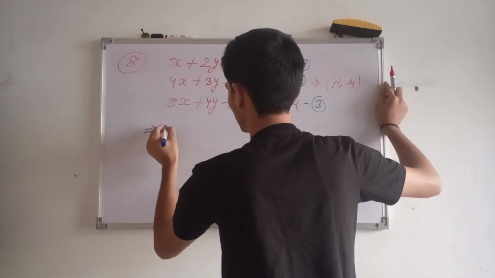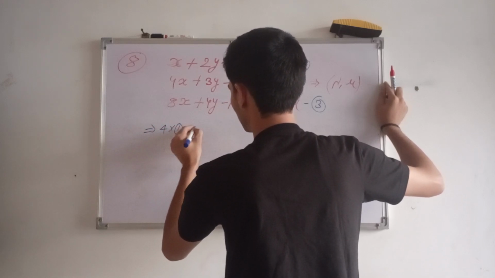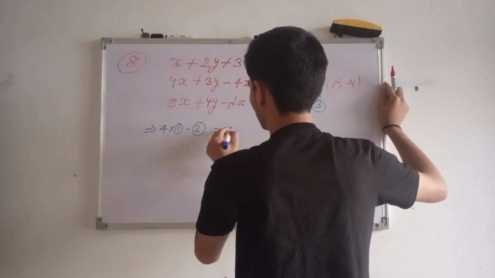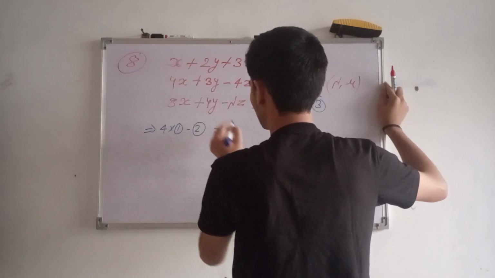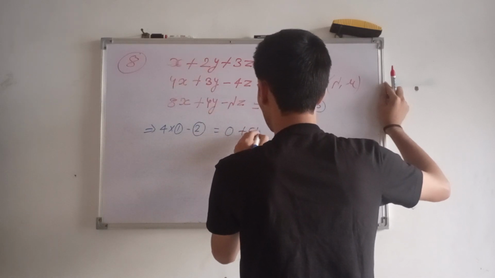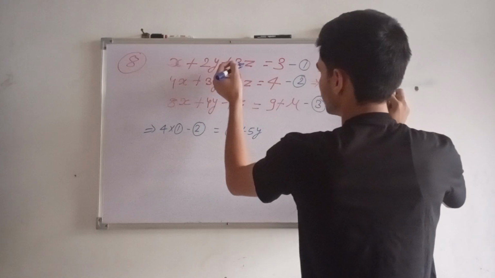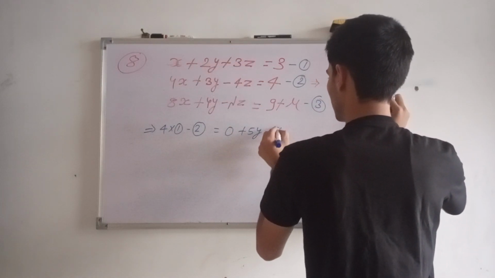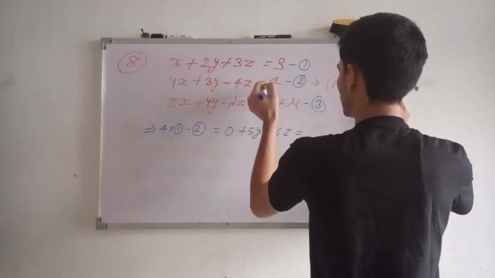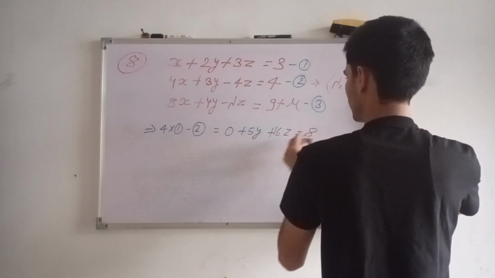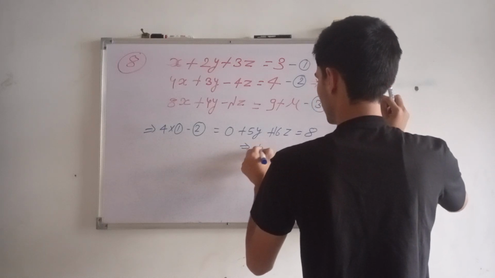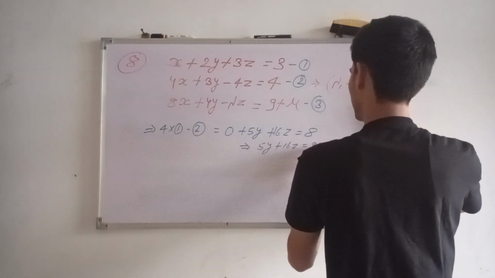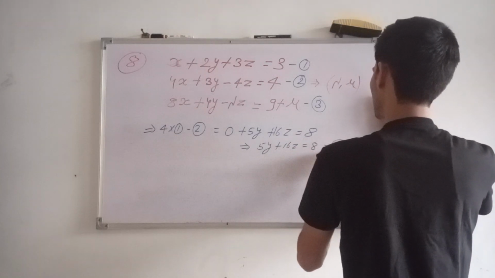So do 4 times equation 1 minus equation 2. 4x minus 4x will be 0. 4 times 3 is 12, minus 3 will be 9y. 4 times 3 is 12, plus 4 will be 16z, equal to 4 times 3 is 12 minus 4, which is 8. So 9y plus 16z is equal to 8. This is equation number 4.